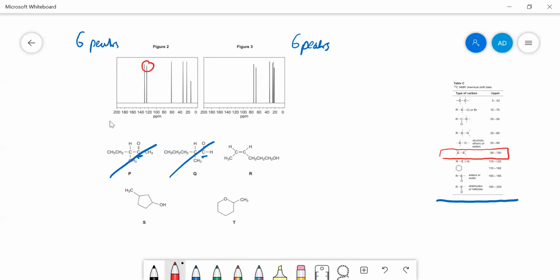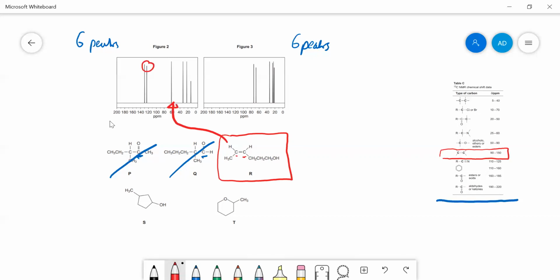They're in the right range. So the only molecule with a carbon-carbon double bond in is R. So I think that is R, because that carbon and that carbon are going to be pretty similar to each other, but not exactly the same. And they're going to be in the range 90 to 150, and they're 130. So I think that one is that.